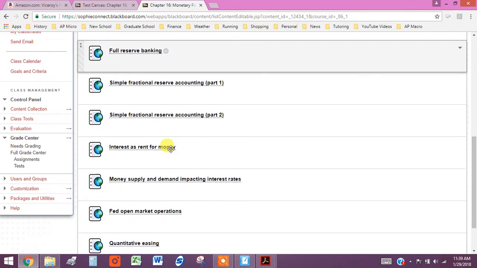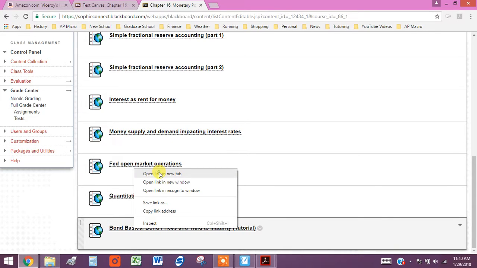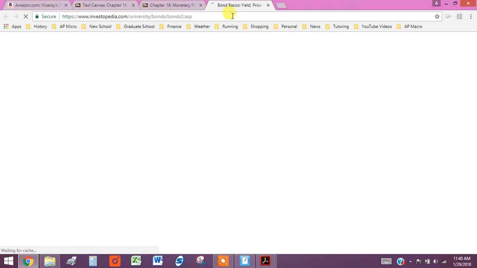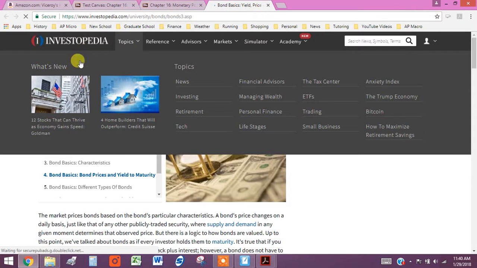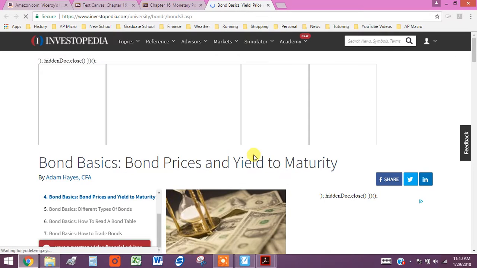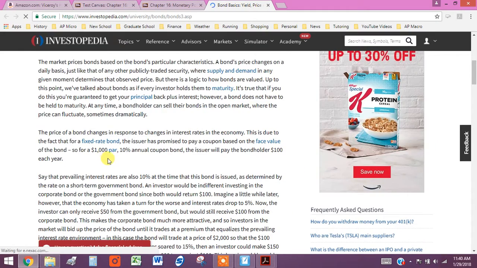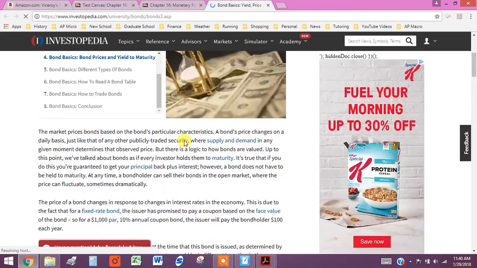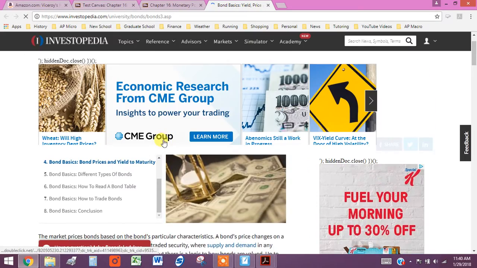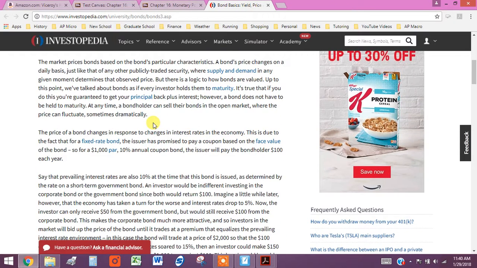I also wanted to show you the last link down here is actually a website. I'm going to open that up. It's Investopedia, and it explains bond prices, and especially, if you scroll down, it explains very well the relationship between bond prices and interest rates.